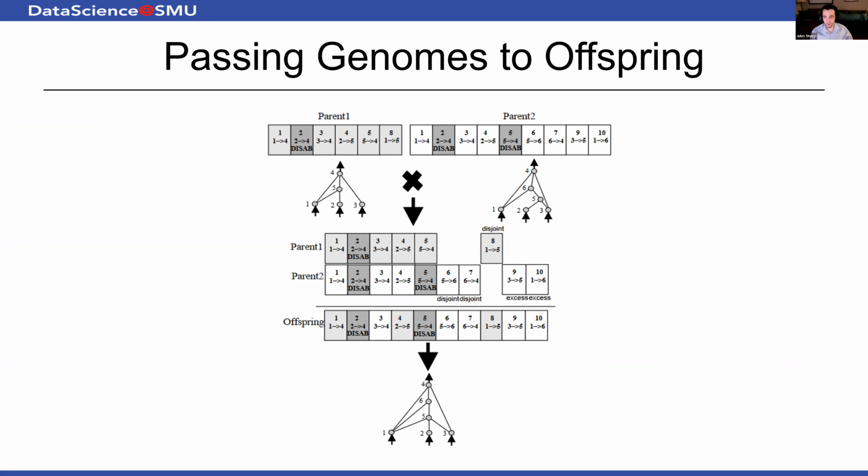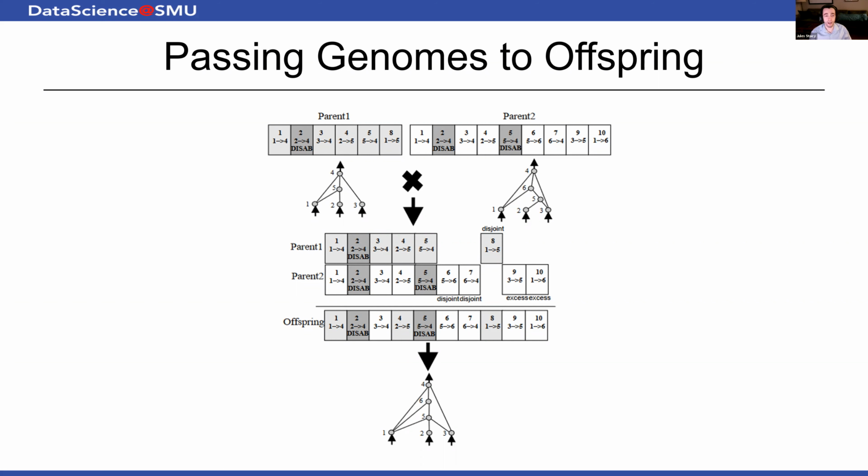6 and 7 are considered disjoint genes, as is gene 8. This is because they occur in the middle of the string. Genes 9 and 10 are considered excess because they occur outside of the scope of genes 1 to 8. They are in excess of the list of genes.